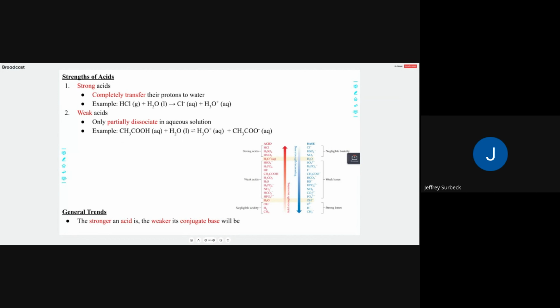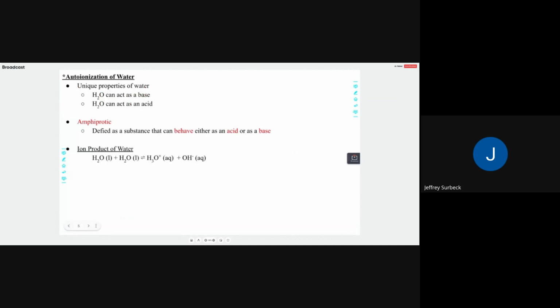Does anybody need this? All right, so we get to water. Now, I don't know if you noticed, and I didn't really point out, but in our previous examples where I had you identify the acid and its conjugate base and the base and the conjugate acid, we had water in one case act as the base, and then in another case act as the acid.